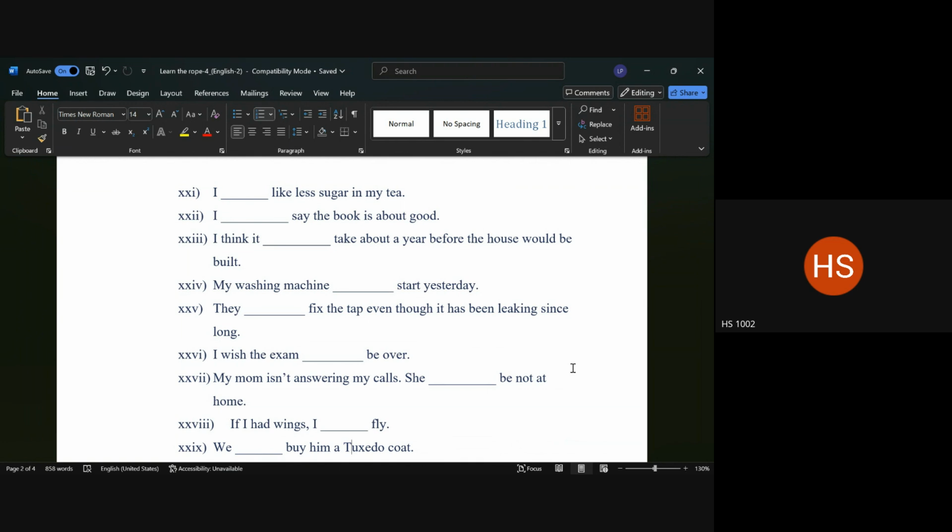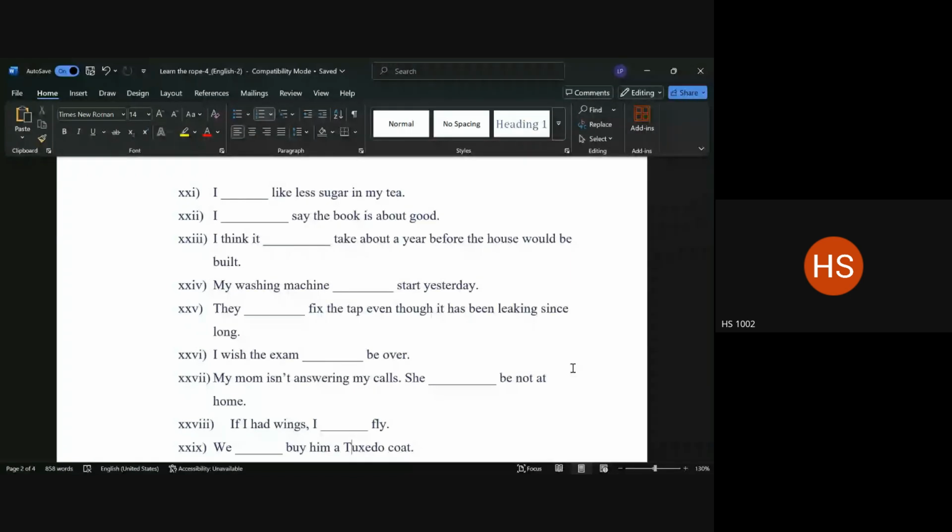23rd: I think it dash take about a year before the house would be built. Will? No, not will. Because if you use will, it's a predictive verb. Could? Yes, possibility. I think it could take about a year.